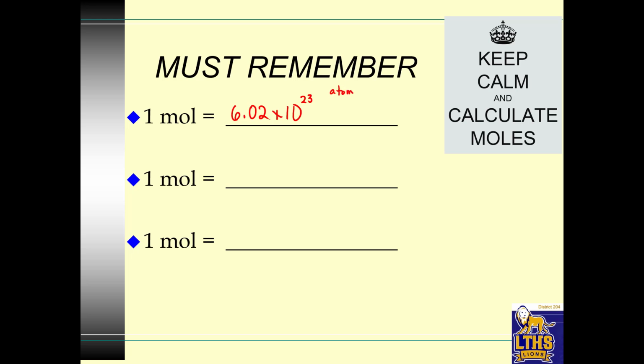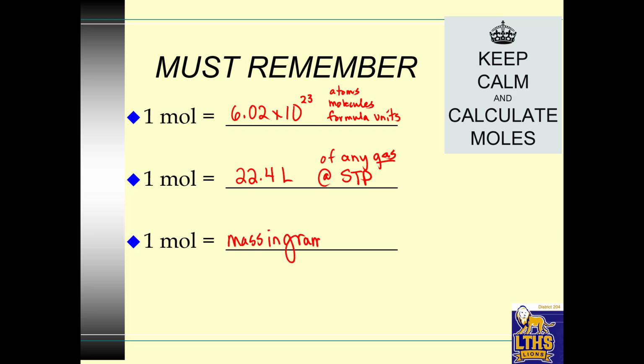And those things can be atoms, molecules, or formula units, because that's what represents matter. 1 mole can equal 22.4 liters, and that's of any gas, only gas, at standard temperature and pressure. 1 mole also equals the mass in grams from the periodic table. So you can memorize the 2 numbers, but for grams, you have to use the periodic table.